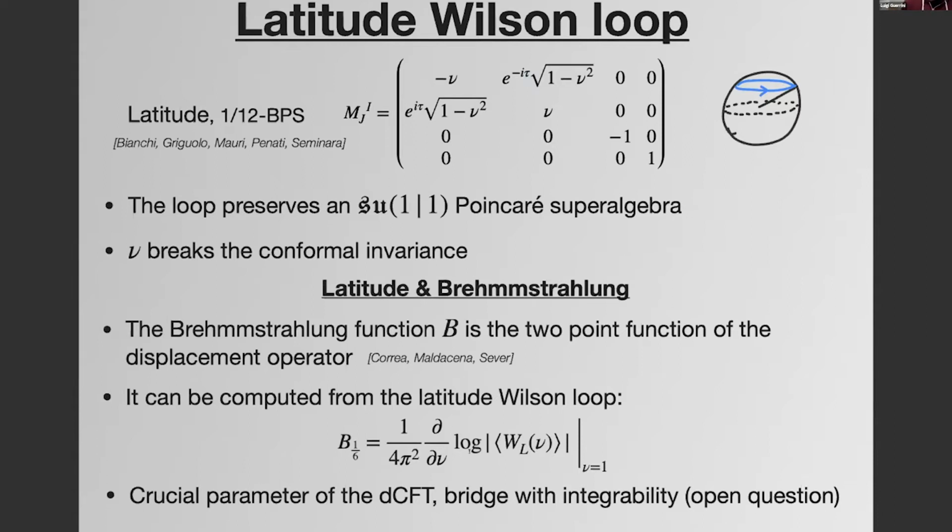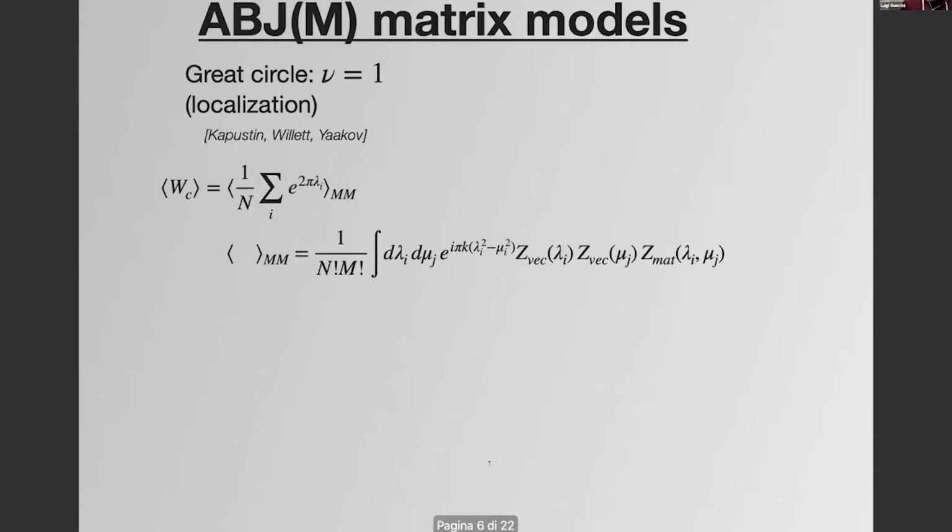And this Bremsstrahlung is not only a crucial parameter for the defect CFT on the circular Wilson loop, but it also provides us with a bridge with integrability, because this quantity in principle can be computed with localization, but also with integrability. And so this is a computation that can in principle be used to fix the important parameter h on the integrability side. Anyway, today I'm going to discuss only the localization part.